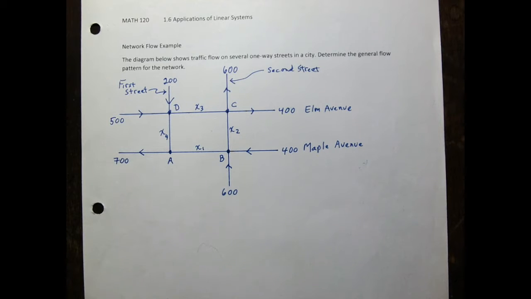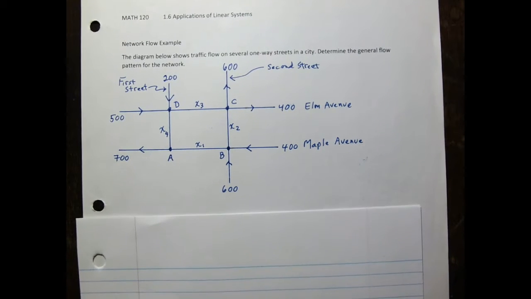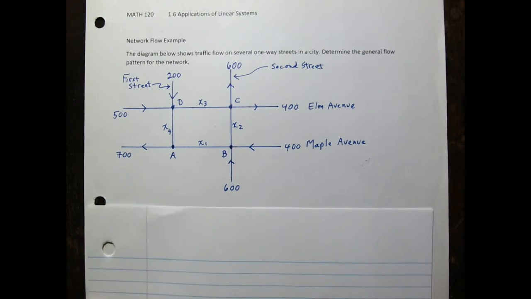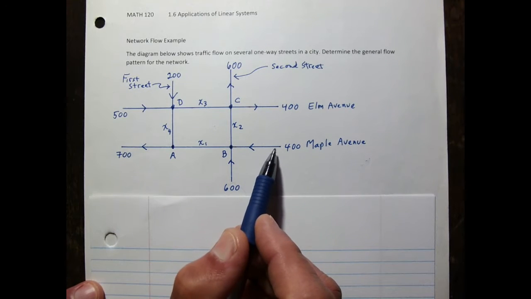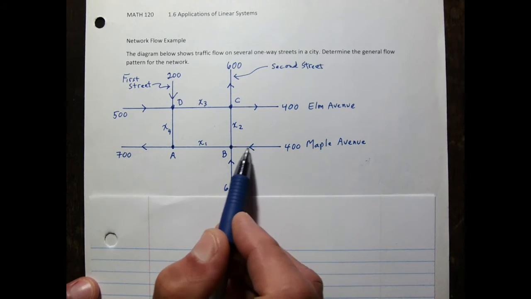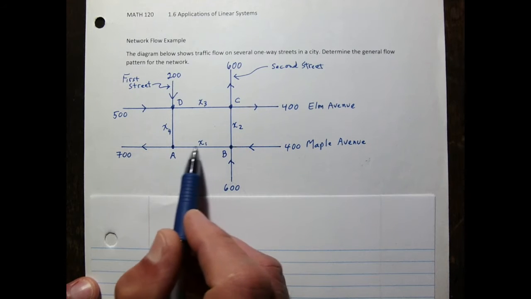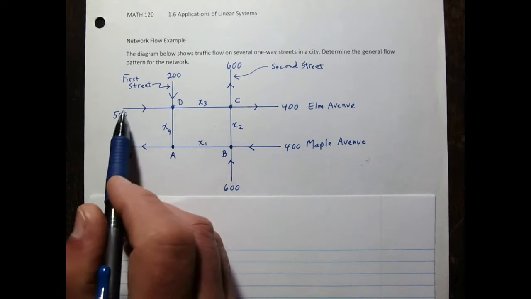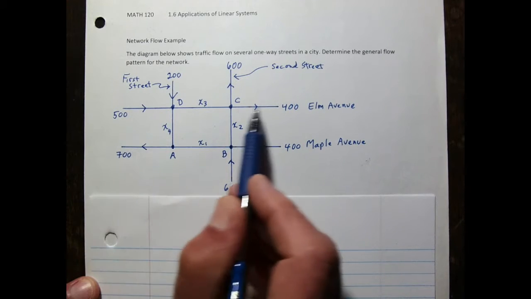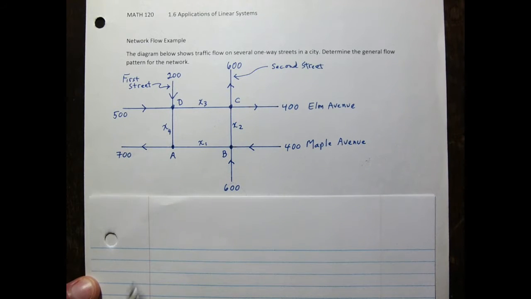So this is a simplified version, but it's a real-life example of a linear system situation. So let's go ahead and set this up and solve. And again, notice these are one-way streets, so like Maple Avenue all the way through, even the x1 portion, is one way going right to left, while Elm Avenue has traffic flowing left to right.